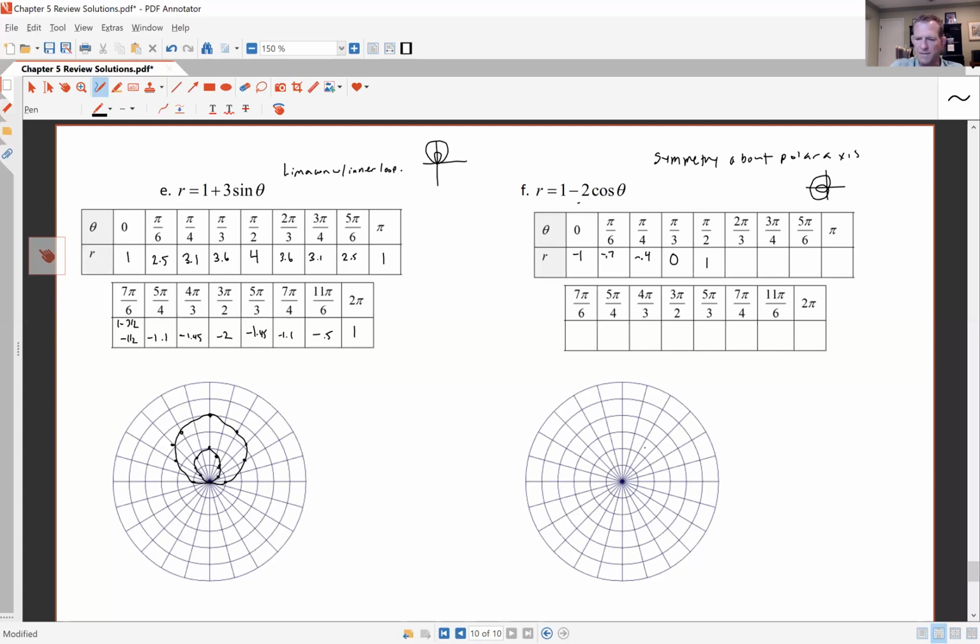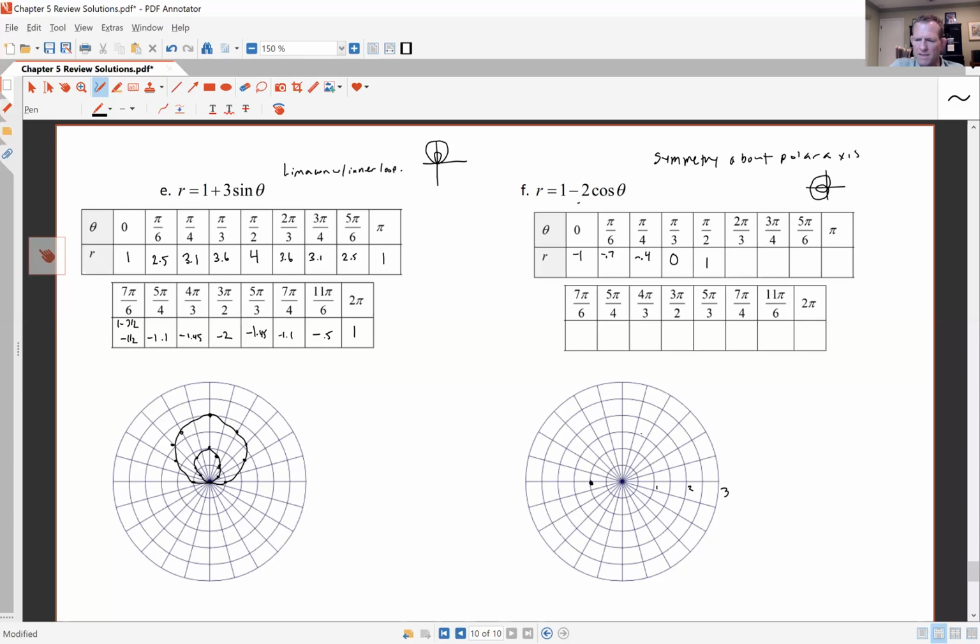So let's see this. 0 is at negative 1. I chose to blow this one up a little bit and make every 2's go by 1. All right, so that means angle 0, over here negative 1.